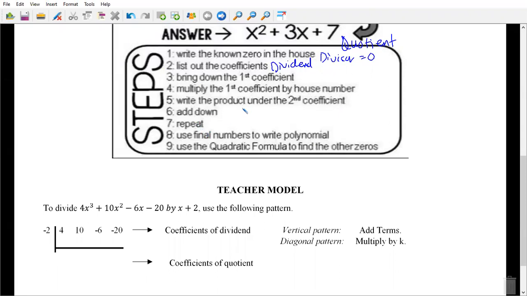Multiply, write product, add. Multiply, write product, add. And then we use the final numbers to write our polynomial, because the final numbers are our quotient. And then this step, if I needed to solve, then I could use the quadratic formula to find all other zeros.